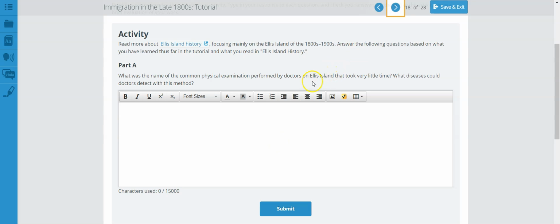So you have basically 2 questions here. What was the name of the common physical examination, and what diseases could doctors detect with this method? Fairly simple. Make sure you provide a good paragraph here, which is at least 5 sentences.